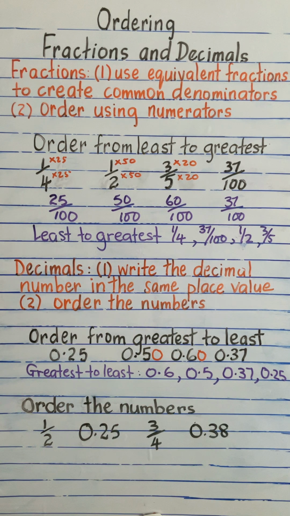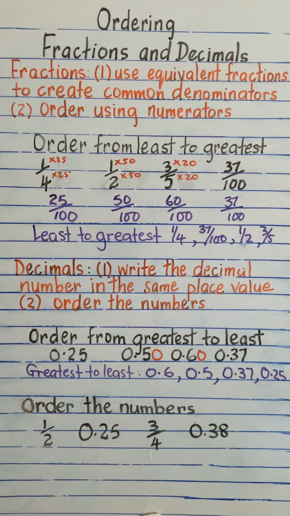Now we have a mixture of fractions and decimals, and we're going to order these numbers. When we have a mixture of decimals and fractions, we can convert the numbers to either fractions or decimals.